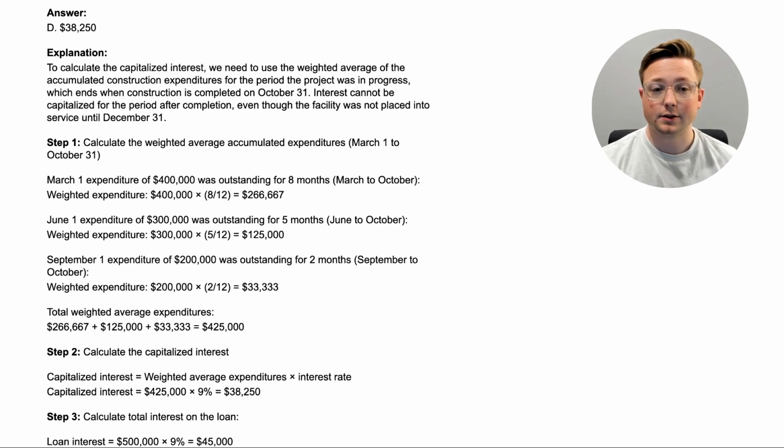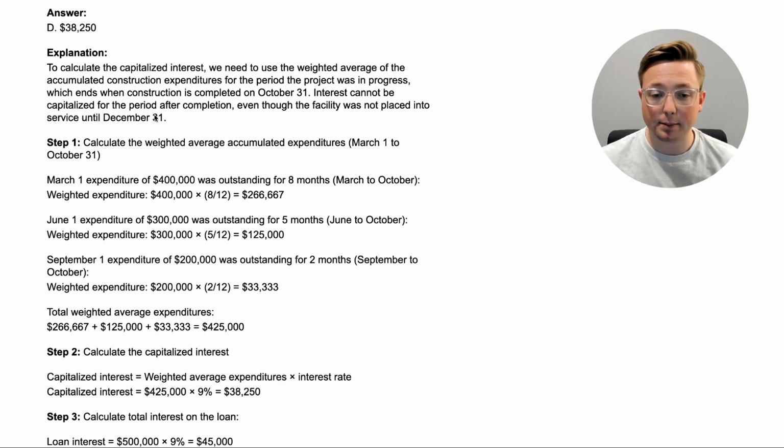All right, here we are. The answer is D. $38,250 is the amount of interest that can be capitalized. All right, let's read through the explanation. To calculate the capitalized interest, we need to use the weighted average of the accumulated construction expenditures for the period the project was in progress. That's important right there. Only for the period the project was in progress, which ends when construction is completed on October 31st.